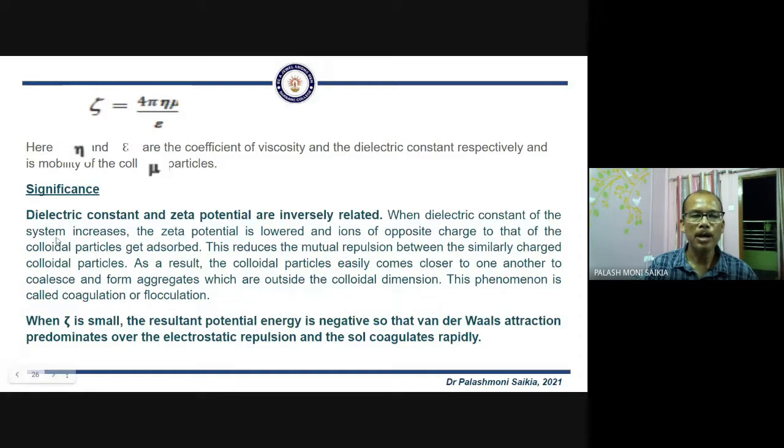Suppose the dielectric constant of the system increases. This can happen by increasing the polarity or by other factors like temperature.